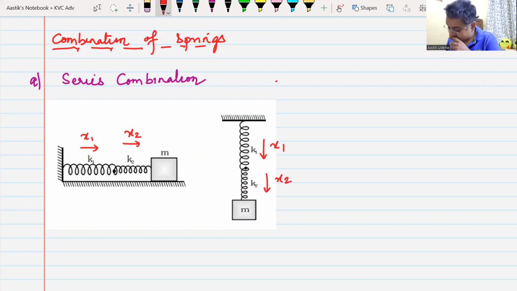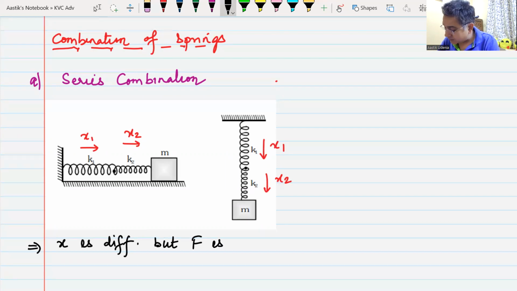Do we understand this? So what is the first thing that you have to remember? x is different. Both of the springs get extended or compressed by different amounts, but the force acting on the spring is the same. Do we remember this? Yes, sir.